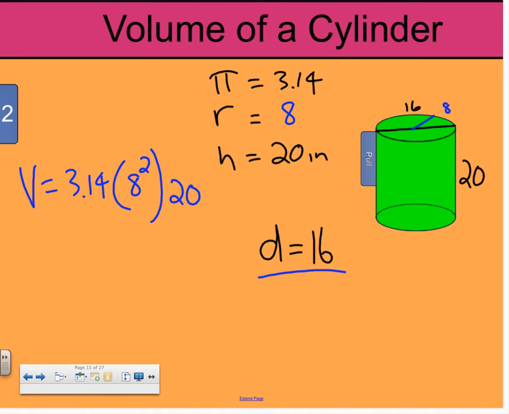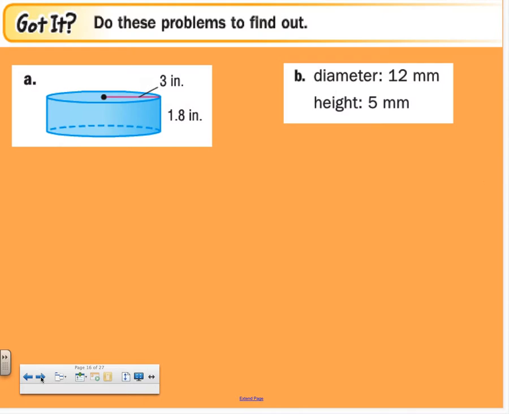And if we multiply all those together, we will find that the volume equals 4,021.2. And remember, we're dealing with inches this time, so inches cubed. Okay? All right, what I would like you to try to do is I would like you to try the got it problems on your own at this time.